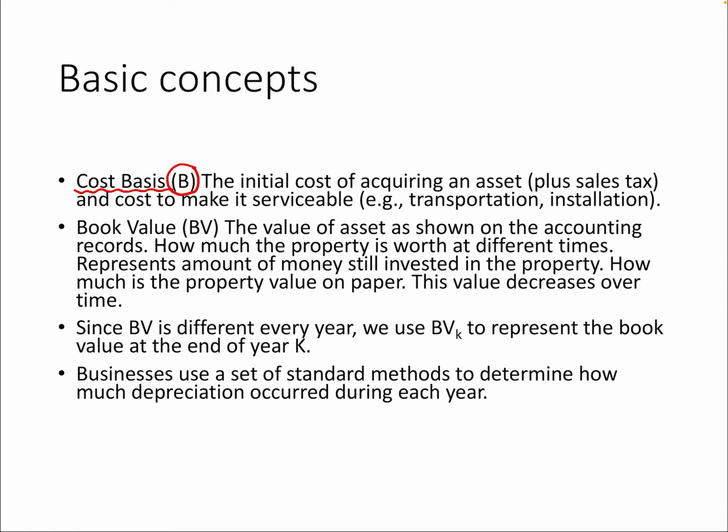So it includes the initial price, the sales tax, and also the cost to make it serviceable. This is very important. Not just to think about the price tag. You need to think about how you make that equipment working, the whole cost. That's your cost basis. All right.